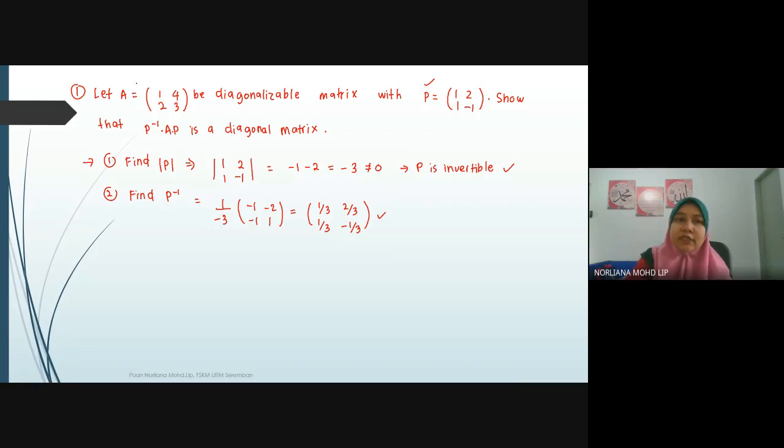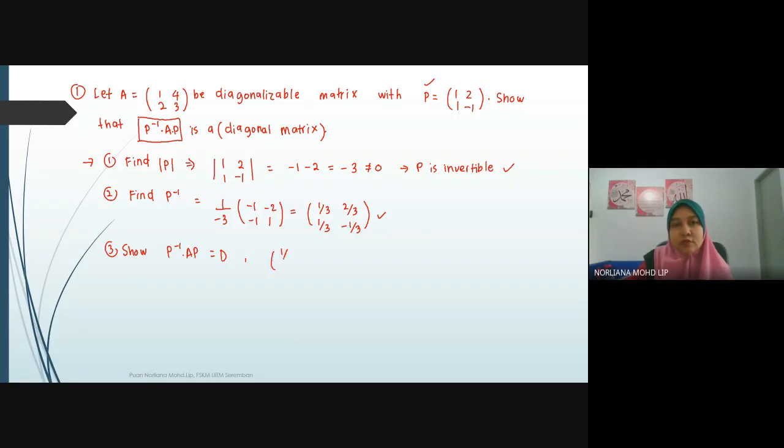And then we can show that P inverse times AP is a diagonal matrix. P inverse times AP equals D, where D is a diagonal matrix.